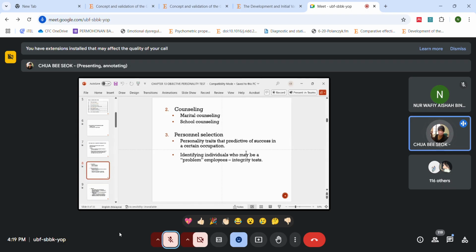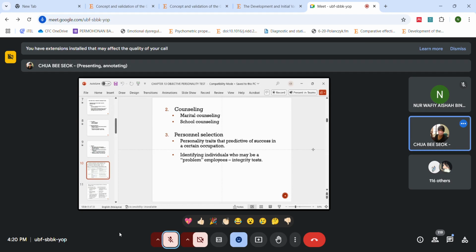Especially they will use the integrity test. So integrity test has two types. One is overt integrity test, and the other one is personality based integrity test. So normally they will use the personality based integrity test to measure those who are problem employees. Yeah, if they want to identify the problem employees. So they use personality tests also in personnel setting, right?